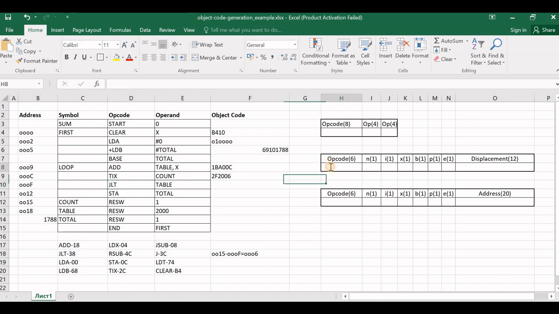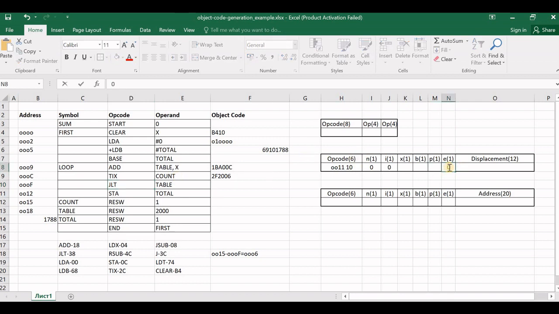Represent it in binary. It is 0011 and 1000. Move the last 2 bits to the N position and I position. Now, is the instruction in format 3 or format 4? Since the instruction is in format 3, the E bit will be reset to 0.